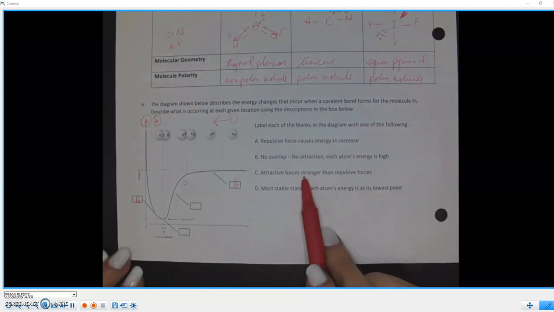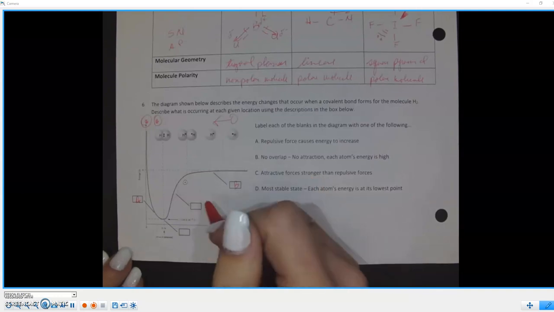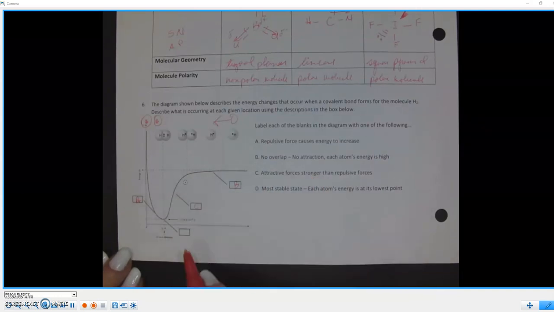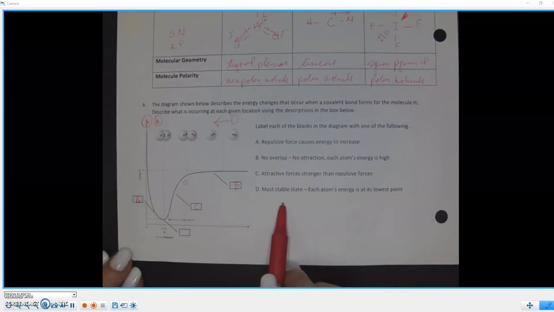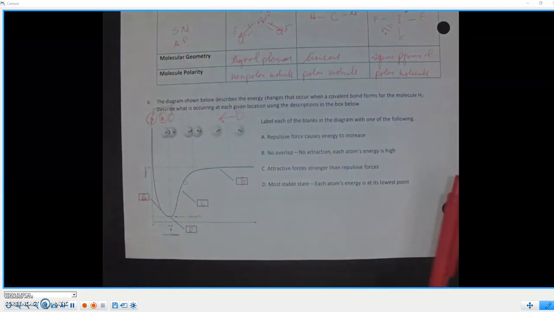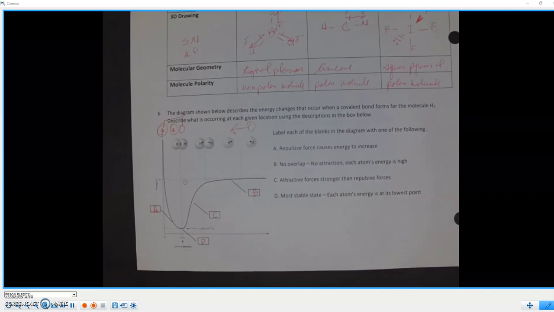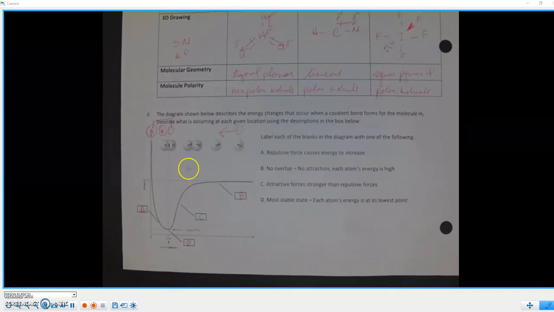When the attractive force was stronger than the repulsive force, when we saw that attraction increasing, that's when the energy was lowering. And then we got to this lowest energy, most stable state. And that distance between them, that distance is the bond length. Make sure on the quiz, conceptually, you're going to need to be able to describe each of those.